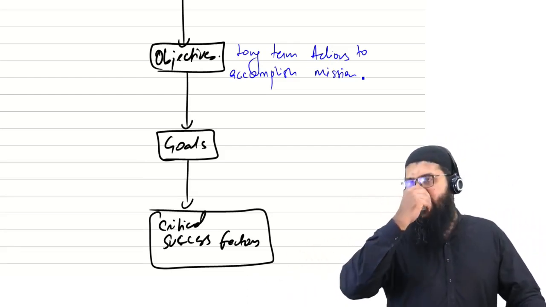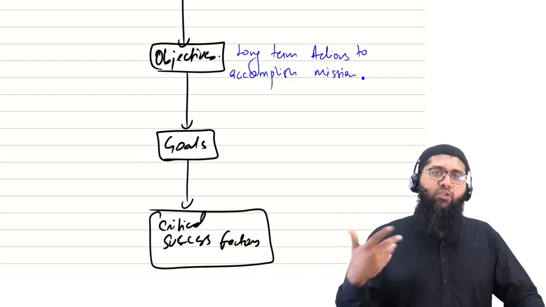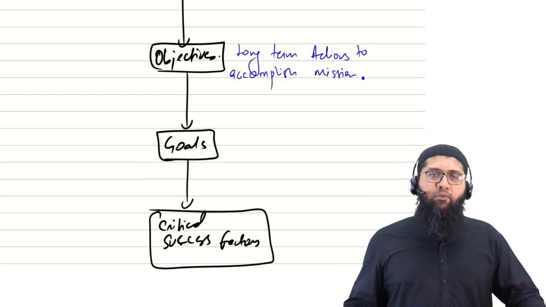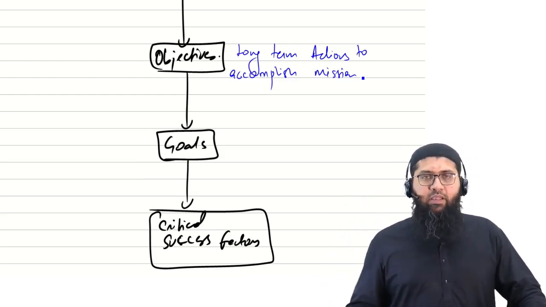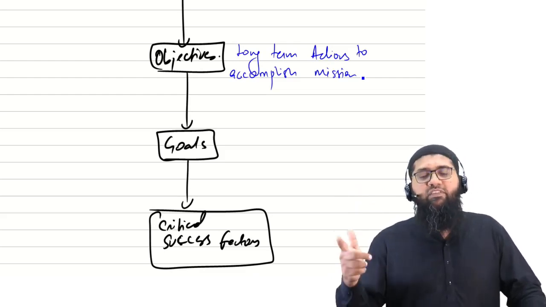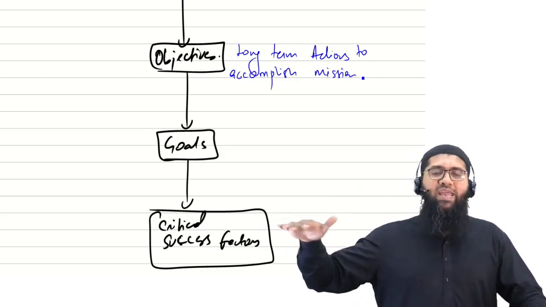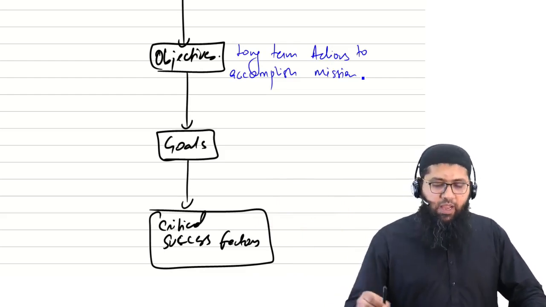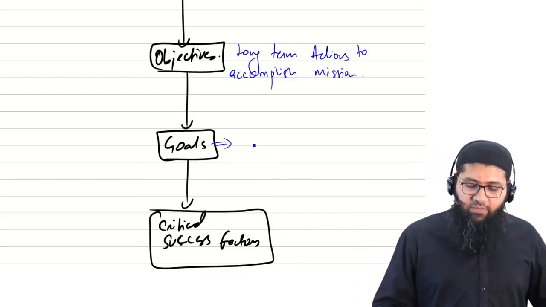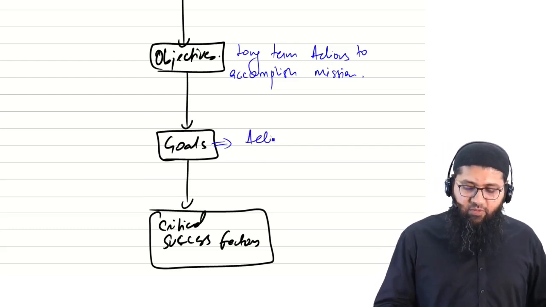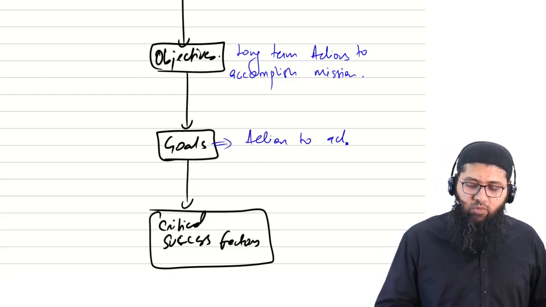The mission could be that you would inspire the users by providing them exceptional quality of services. And then there could be objectives, long-term goals to achieve that vision. And then the goals are going to be the actions to achieve the objectives.